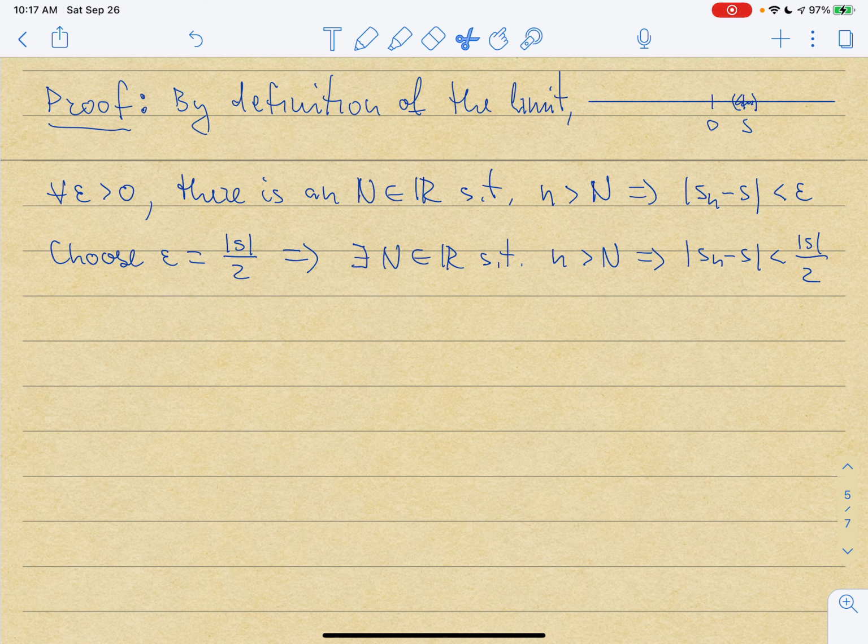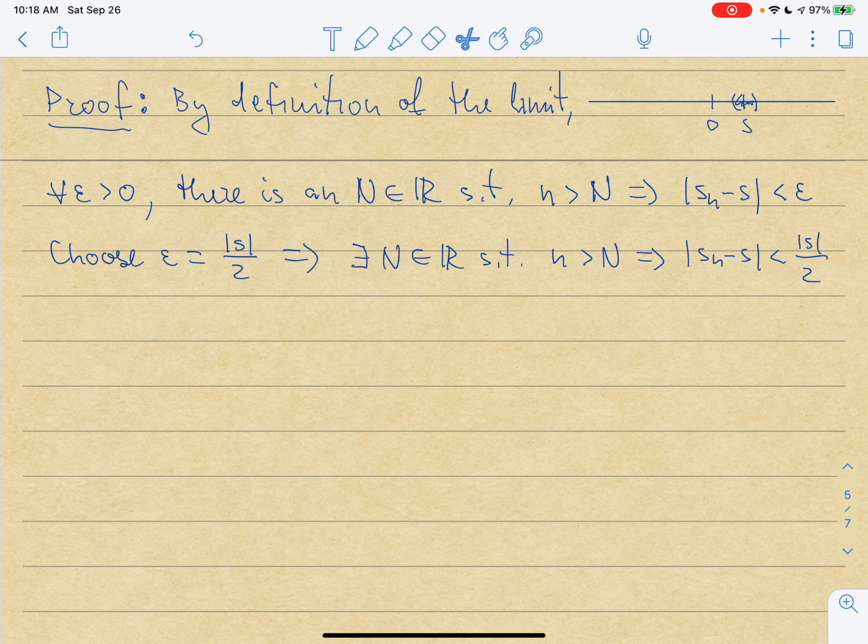Now what I can do is try to rewrite this inequality without using the absolute value sign on the left-hand side. How can I do that?